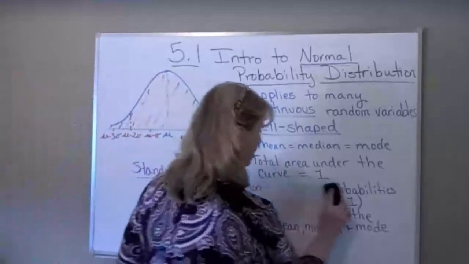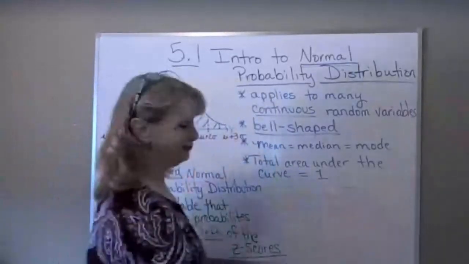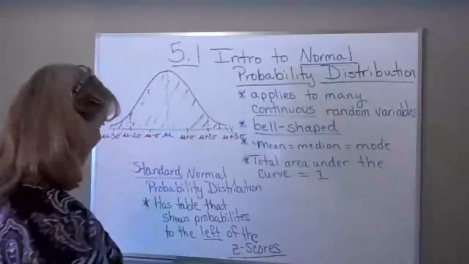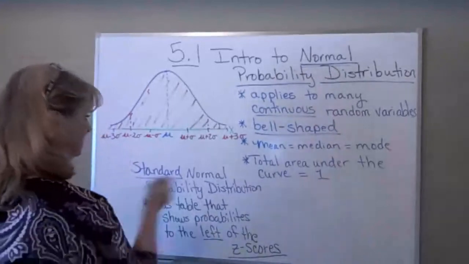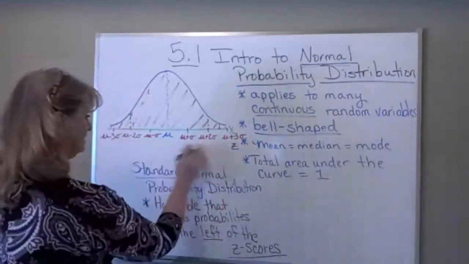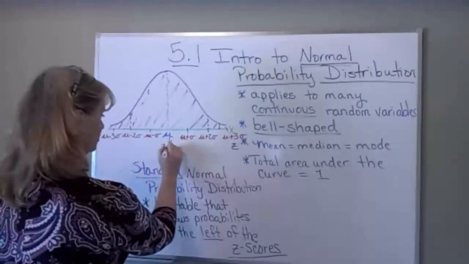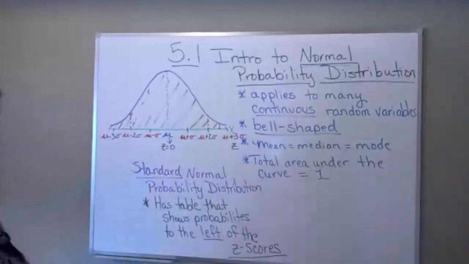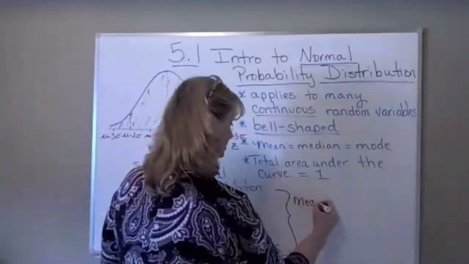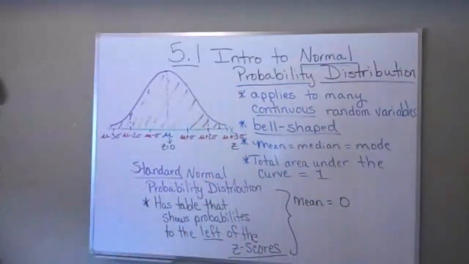And we still have all of these characteristics, including the one I just erased, except when we convert to z-scores. So I'm going to put Z here, so that line here, the z-score for the mean will be 0. So the mean will be 0. So we'll have 0 in the middle.